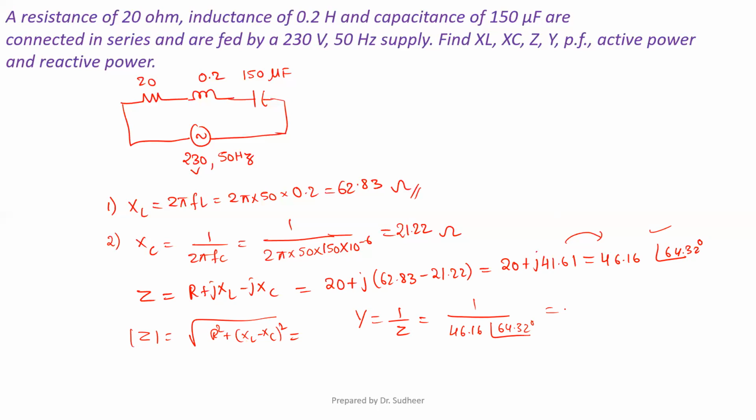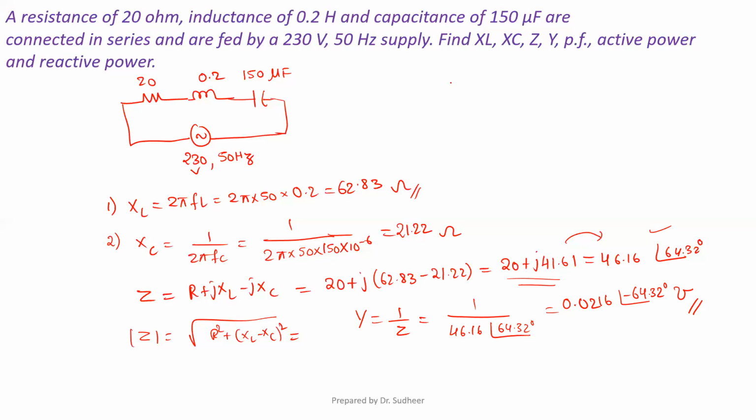The 46.16 inverse is nothing but 0.02166 at an angle of minus 64.32 mho. This is your Y. Otherwise, you can take the rectangular form and take 1 by 20 minus j 1 by 41.61. Both are the same. So this is your Y.